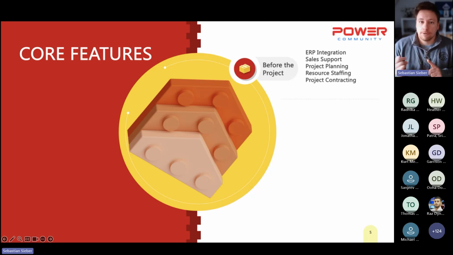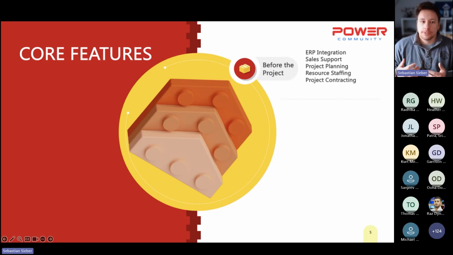I can decide if I want to use named resources, so people working for my team, for example, or if I want to insert placeholders, so-called generic resources, which have decent roles and skills. Or maybe I have some preference on resources and employees which I want to include in my project. And this whole plan goes back into the quote.